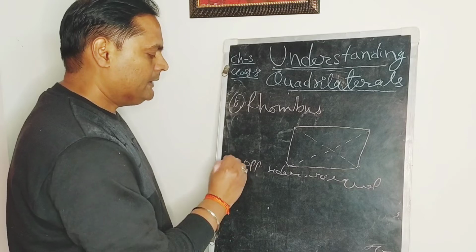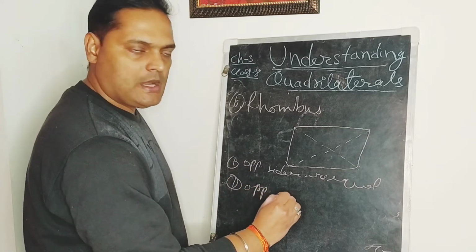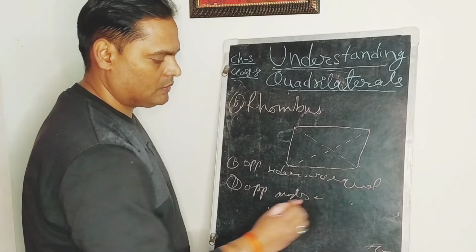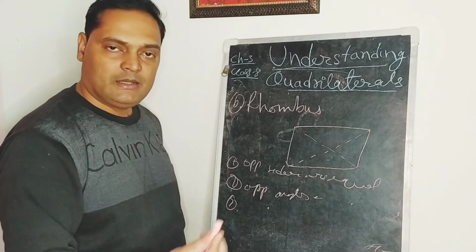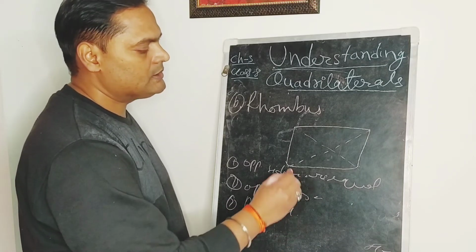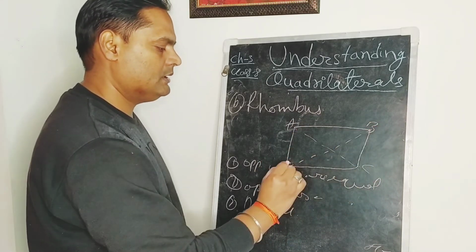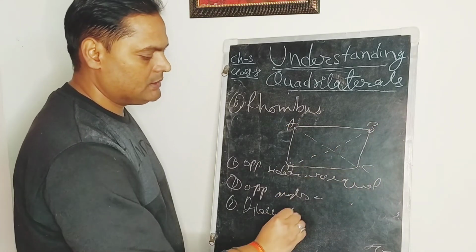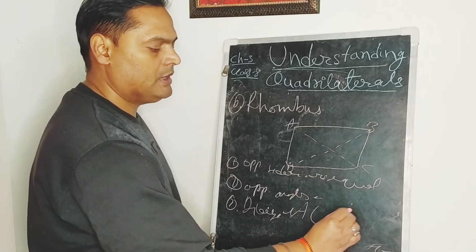Okay, and second is opposite angles are equal, and the third one is the diagonals joining opposite vertices, like A, B, C, D. So AC is one diagonal and BD is another diagonal.